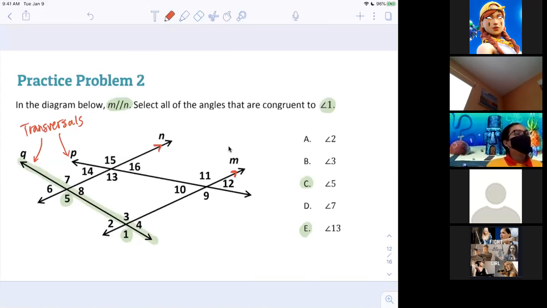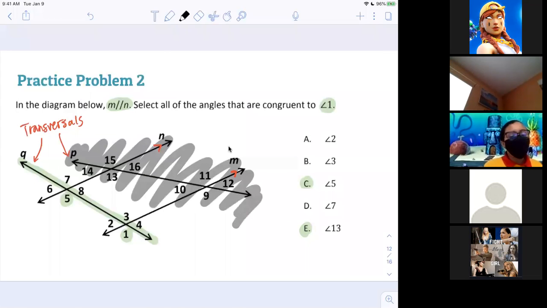I'm going to ignore everything over here because that doesn't matter to me right now. I'm just looking at my green transversal and then line N and line M. So 1 and 5, what's the relationship between angle 1 and angle 5? Are they corresponding?